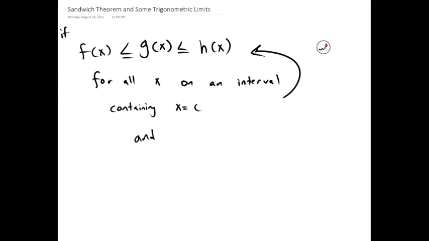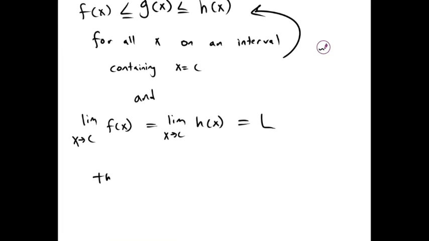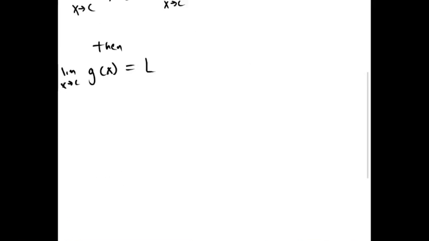And we know this: the limit as x approaches c of f of x equals the limit as x approaches c of h of x. Both of these equal some value L. Then the limit as x approaches c of g of x will have to equal L.